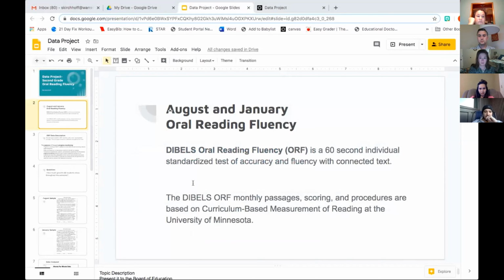Oral reading fluency is based on our DIBELS oral reading fluency. That's the curriculum we're using for this. It's a 60-second passage, and each individual gets the same passage no matter what level they're on. So it's standardized, and we use the passages, the scoring, and the procedures of DIBELS.